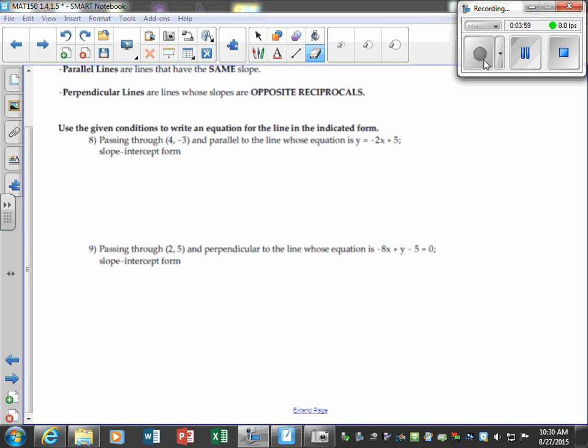So let's look at number 9. We're going to use another one that's similar to it. We're given a particular point. They want perpendicular, and this is the given equation. So the first thing we need to do is, from the given equation, determine the slope.